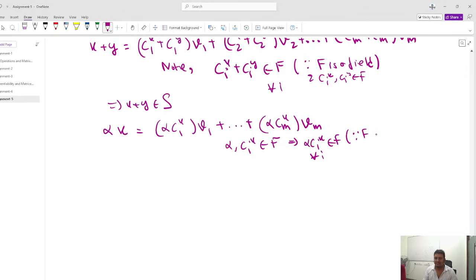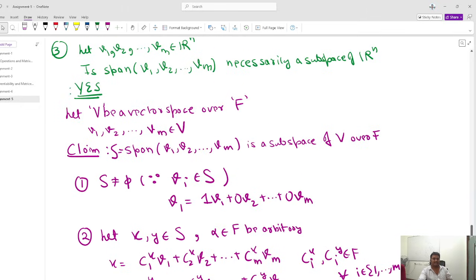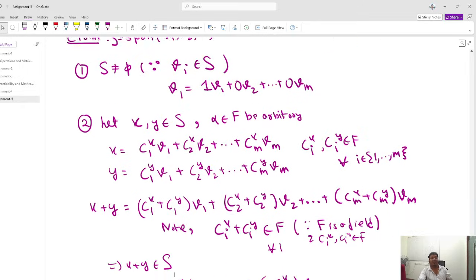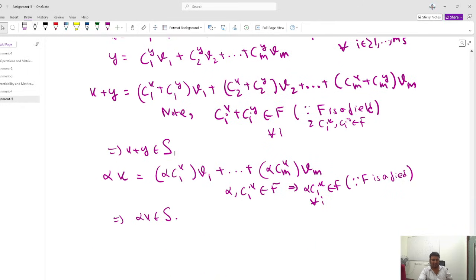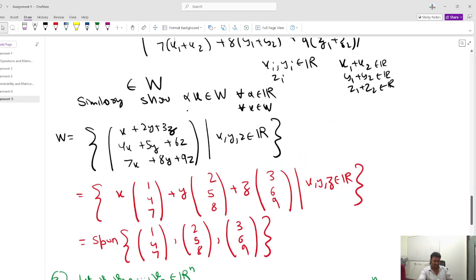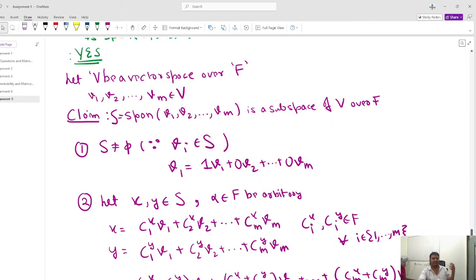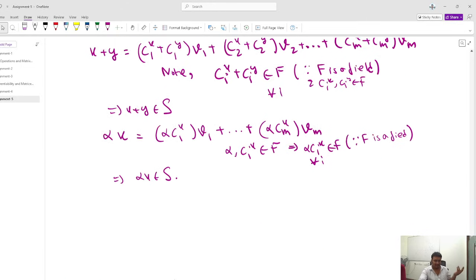So this is again a linear combination of the vi's, so alpha x belongs to S. So nothing special about Rn over R. This is in fact true for a general vector space: the span is always a subspace. So if you see part C of the above problem, you can also do it in this fashion. It's the span of three vectors. Definitely the span of some vectors is always a subspace.